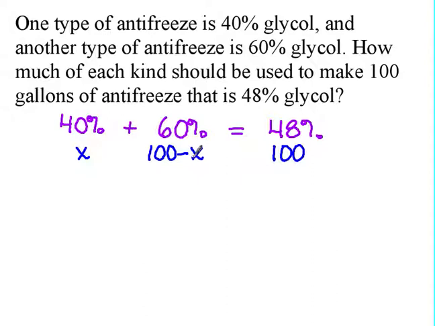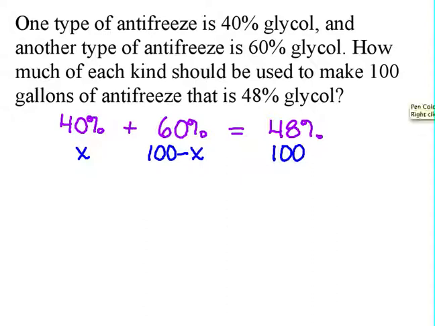So if the last one was 50, I'm going to put 50 minus X. If the last amount was 75, I'm going to put 75 minus X. So this is always what you're going to do. The first one will be X. The next one will be your final amount minus X.